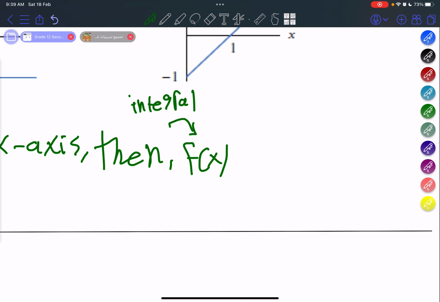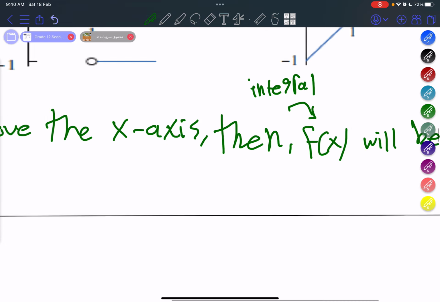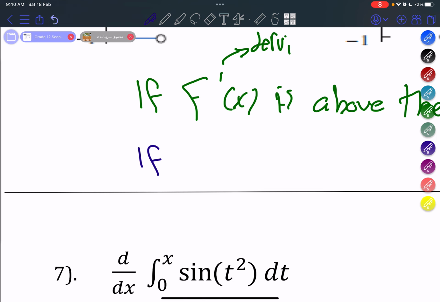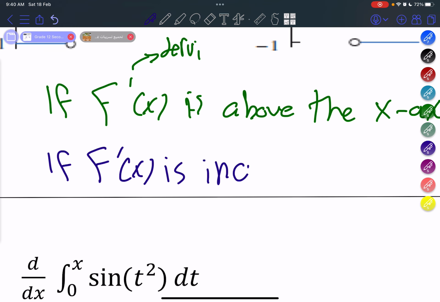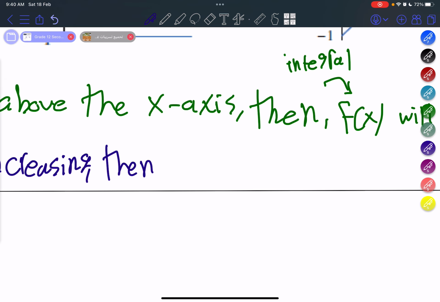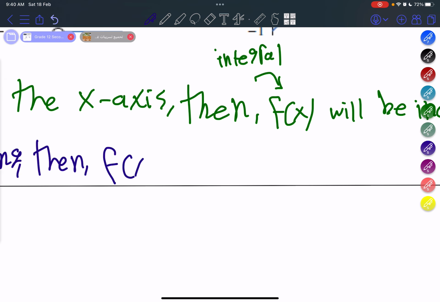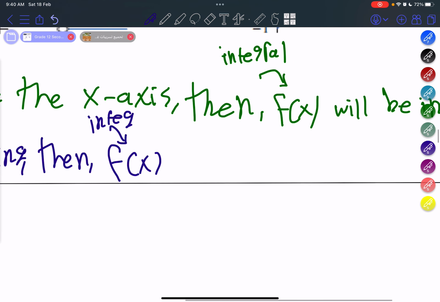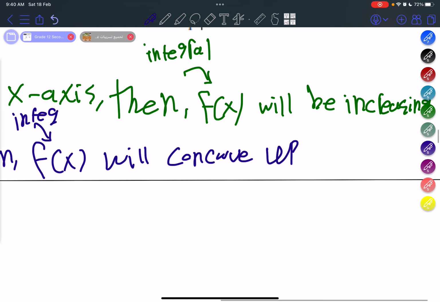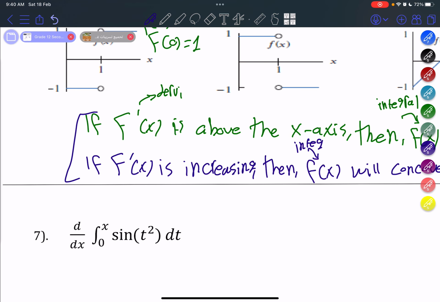So then f of x will be increasing. Our second rule is if f prime of x is increasing, then f of x as the integral will be concave up. And of course, vice versa for both of these rules.